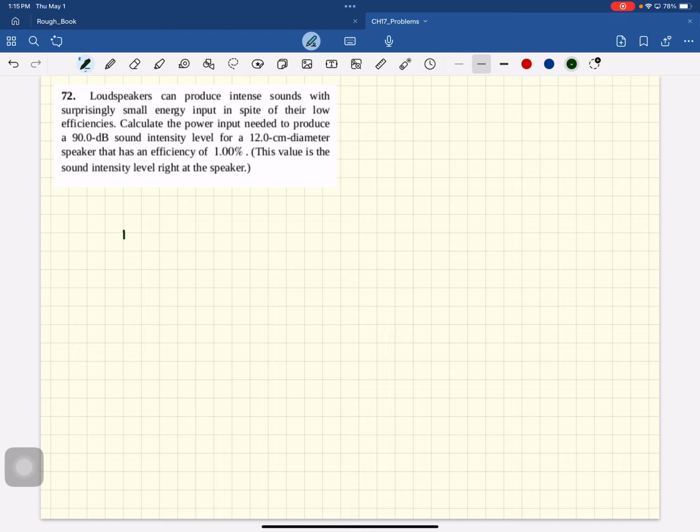So here's the speaker. The power coming out is intensity times area. We'll find out the intensity from the decibel level.